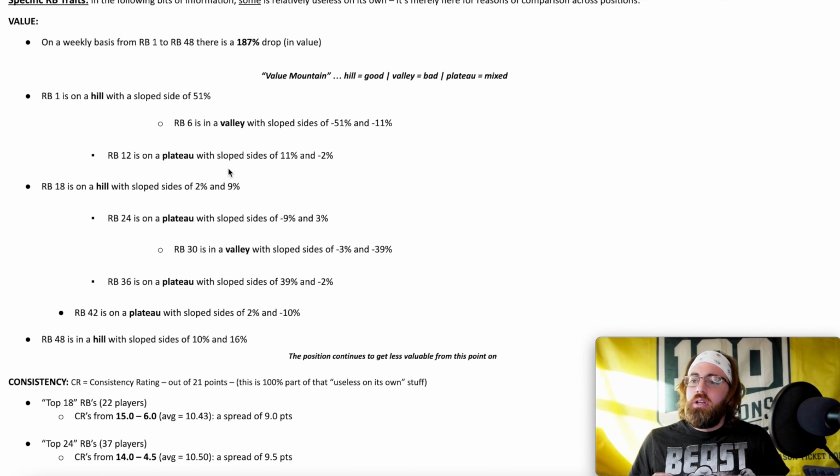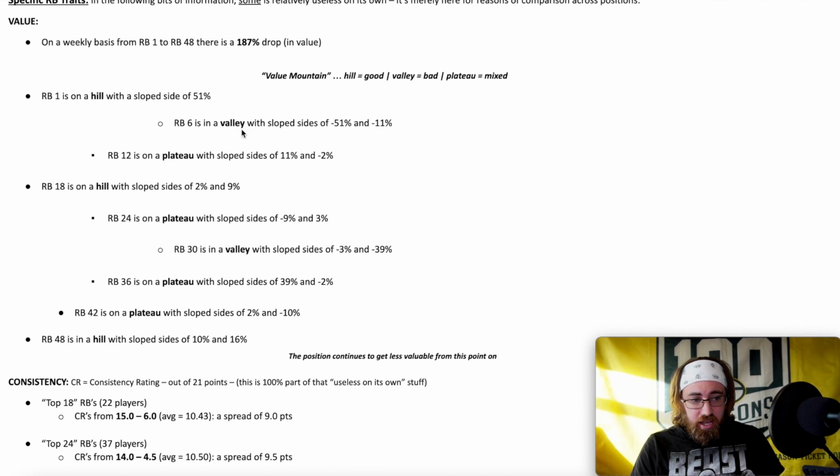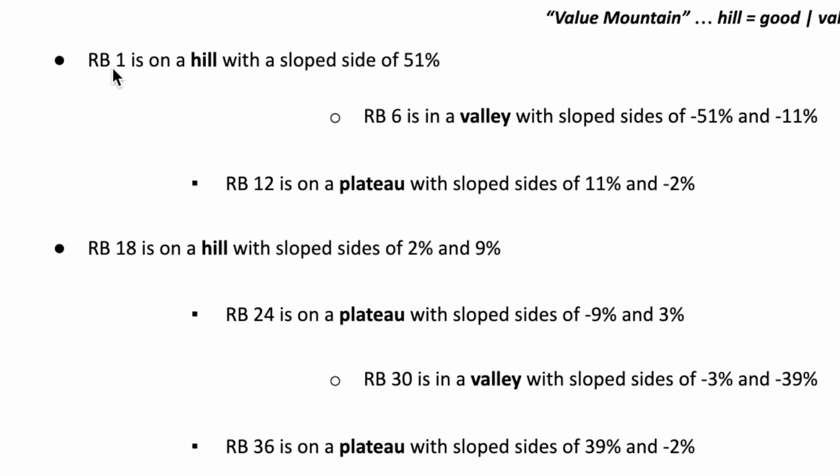Now, the way to quickly best understand Value Mountain right here is that the RB1's output, on average, is 51% more valuable than the tight end 6's output, strictly within the bubble of the top 12 tight ends on average per week.